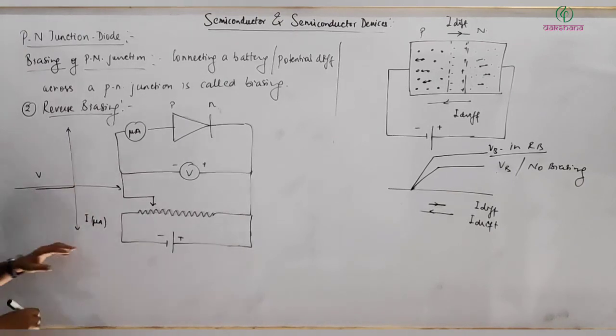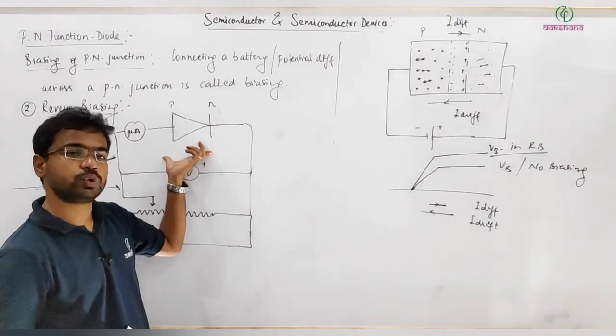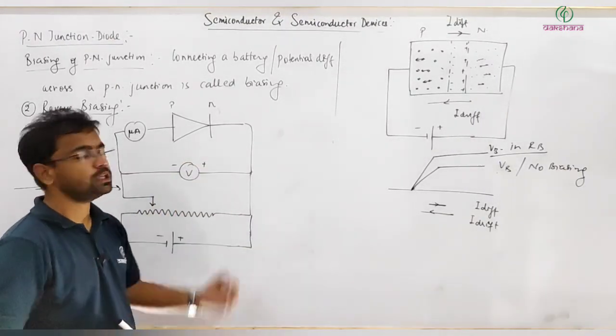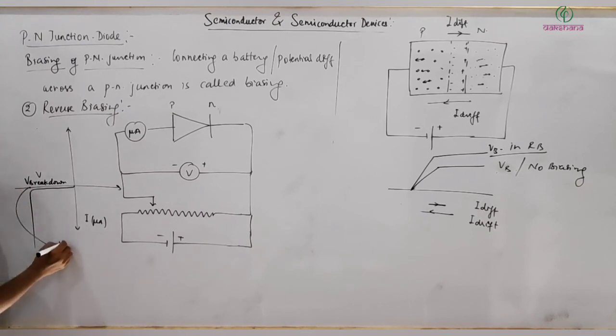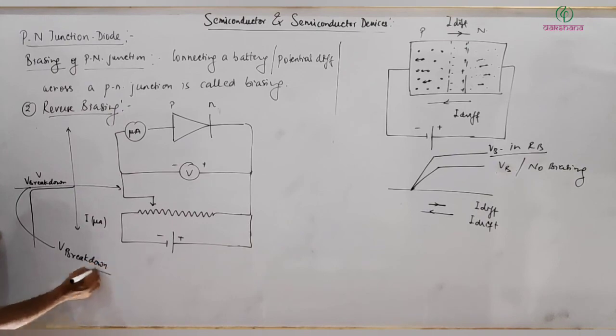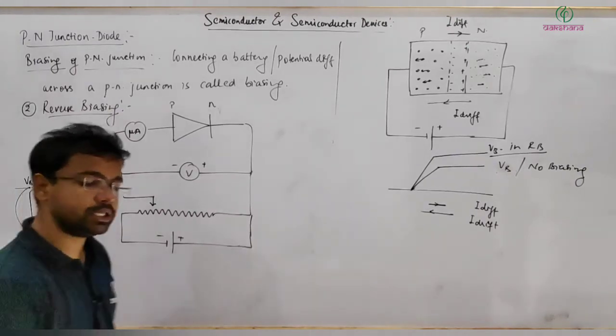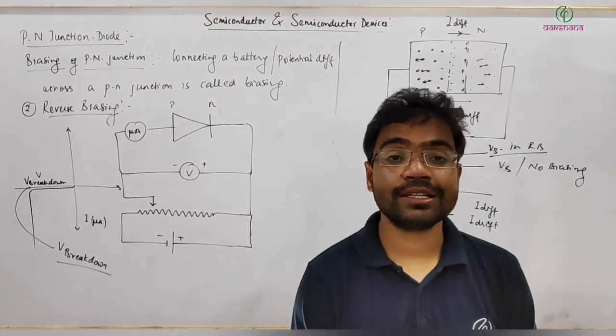If we increase this voltage further and further, there comes one condition after which the current increases drastically, and this is called the breakdown voltage, V breakdown. Here you can say the PN junction failed.